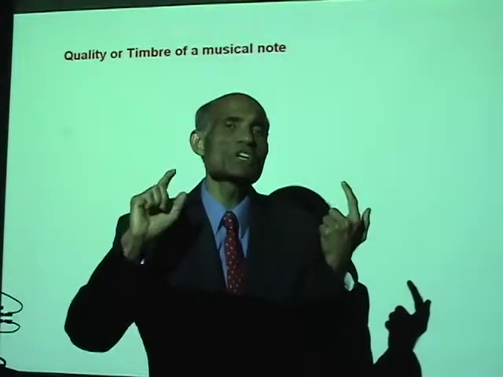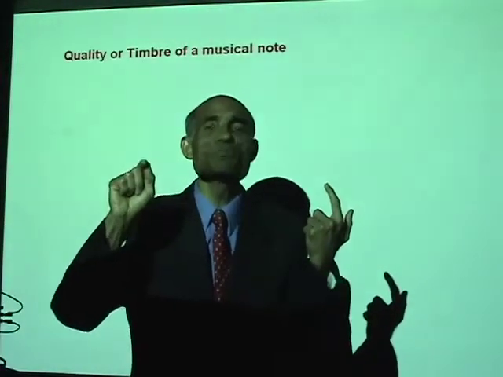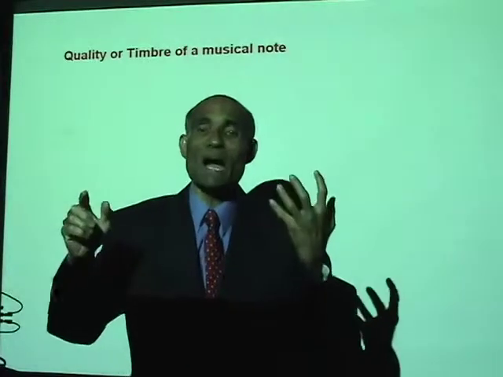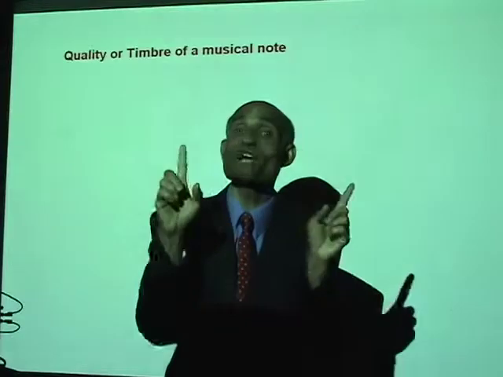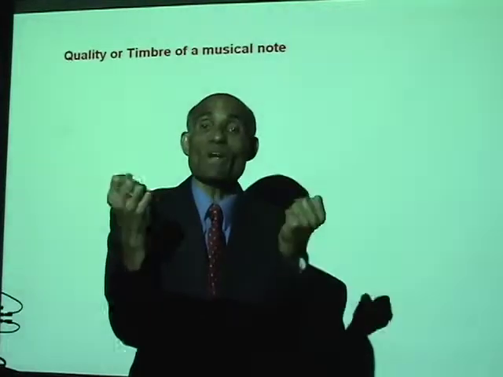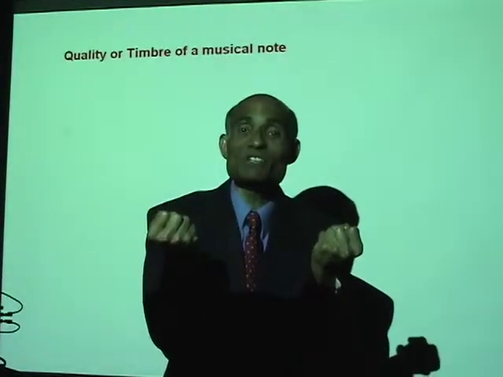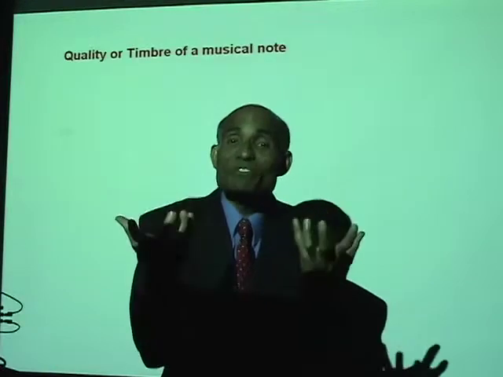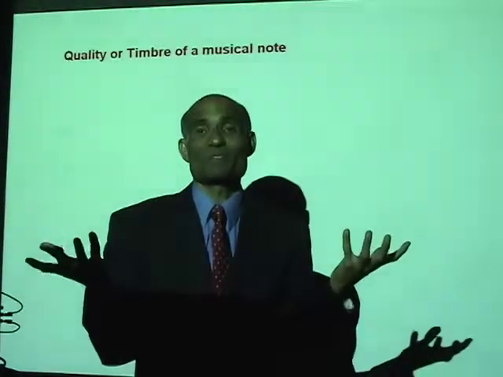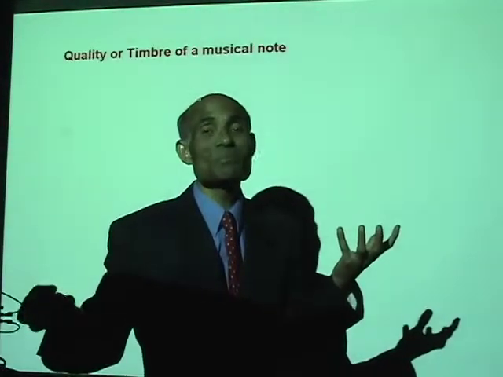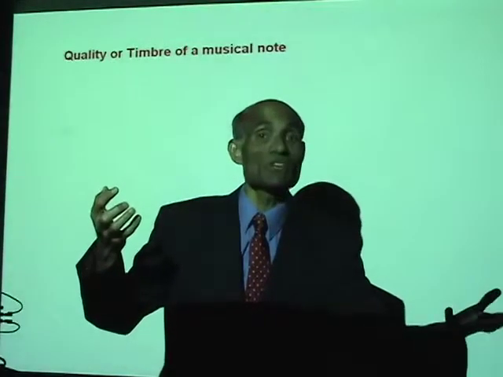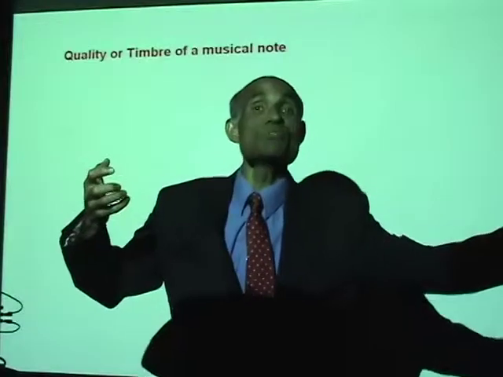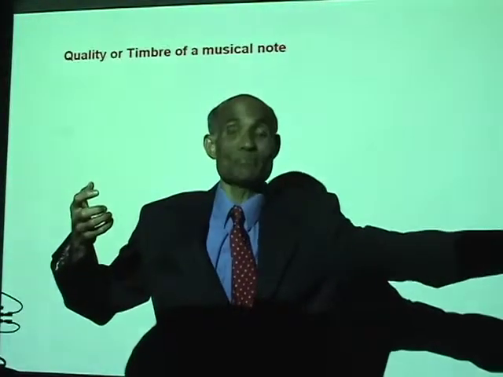You see, you can distinguish a note played on a piano and a note played on a guitar, although they are the same. Now, what is that particular characteristic which lets you distinguish between a note that comes from a piano and a note that comes from a guitar, or the same note that is produced on a drum?